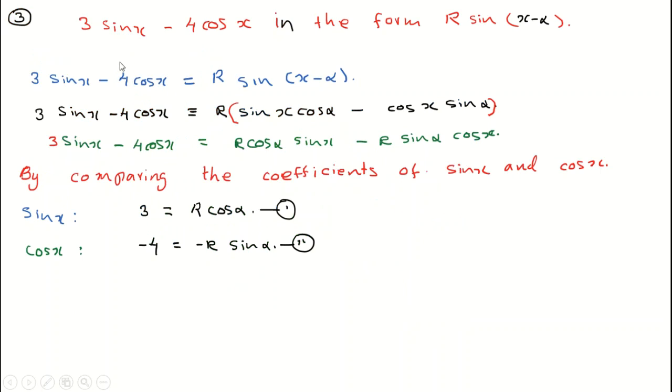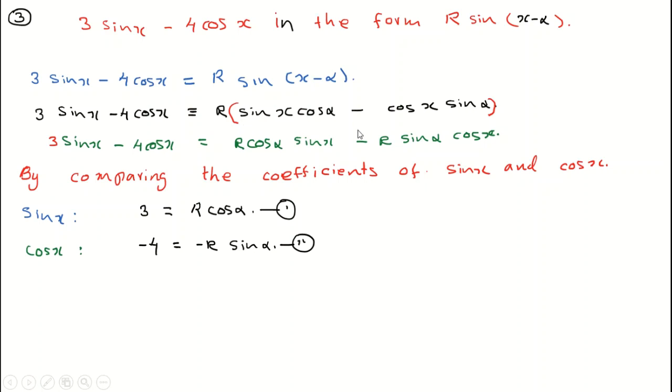We will take another example, example number 3. Write 3 sin x minus 4 cos x in the form r sin x minus alpha. So 3 sin x minus 4 cos x is equal to r sin x minus alpha.